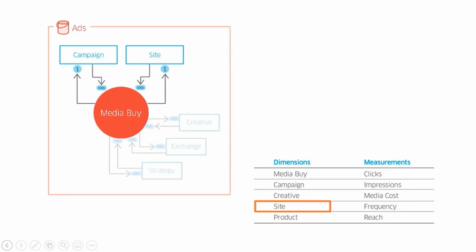New York Times, I guess. New York Times, being the site, can have multiple media buys in its pages. So go ahead and try it with Times of India, my favorite publisher website.